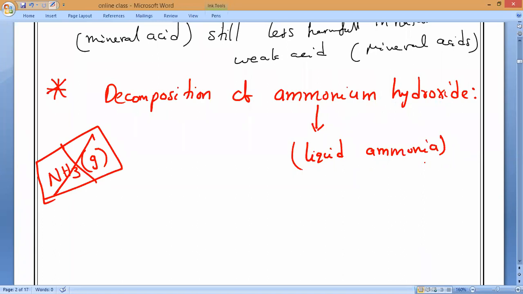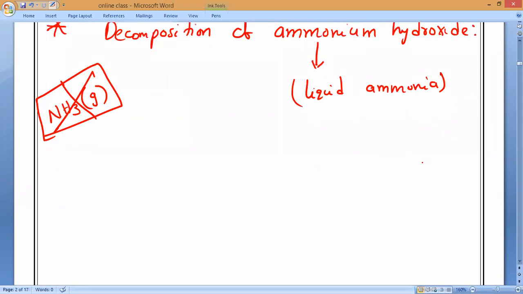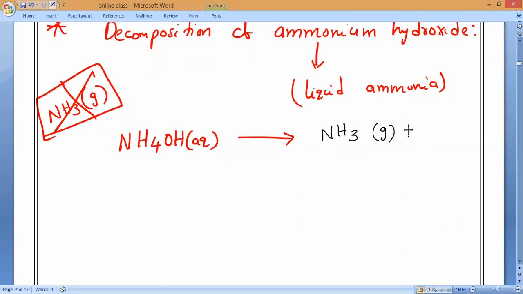When the bottle of liquid ammonia is opened, it gets decomposed and gives two compounds. What are those compounds? Liquid ammonia is NH4OH, which is in aqueous state. Since ammonium is there, you will get ammonia, in gaseous state, plus water.